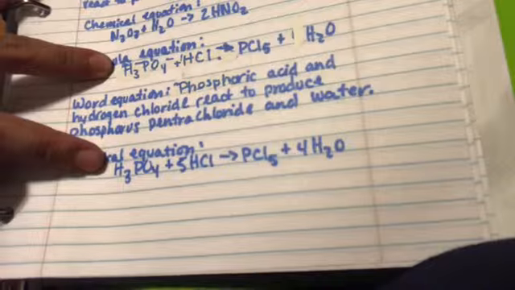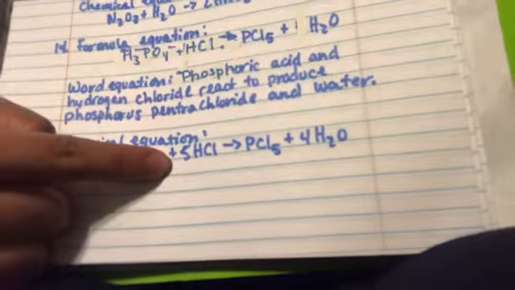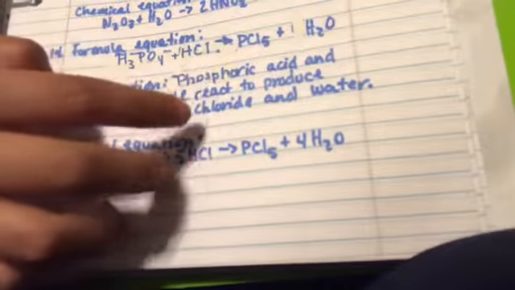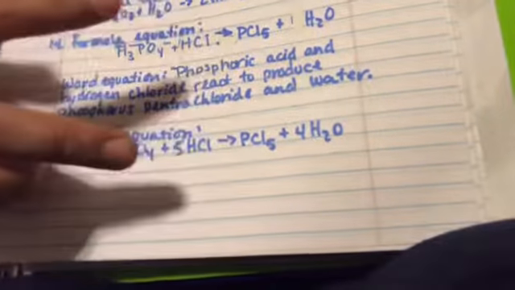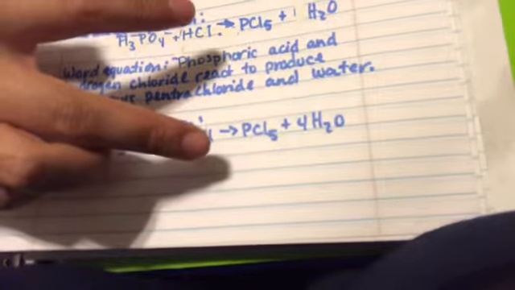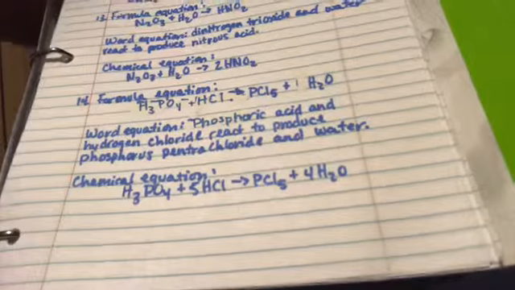So the phosphoric acid stays the same. We need 5 of the hydrogen chloride. We see that the phosphorus pentachloride stays the same, and we're going to need 4 of the waters in order to have a balanced product side and reactant side.